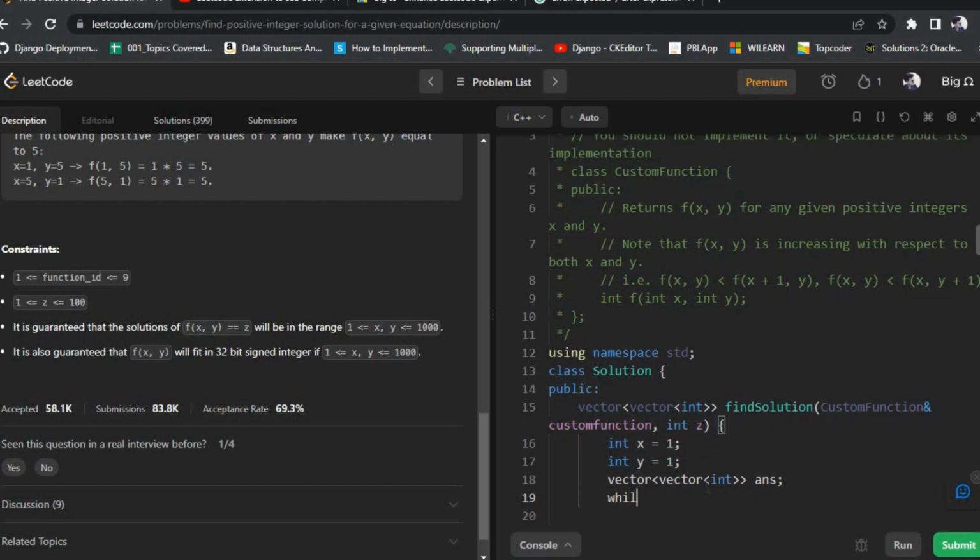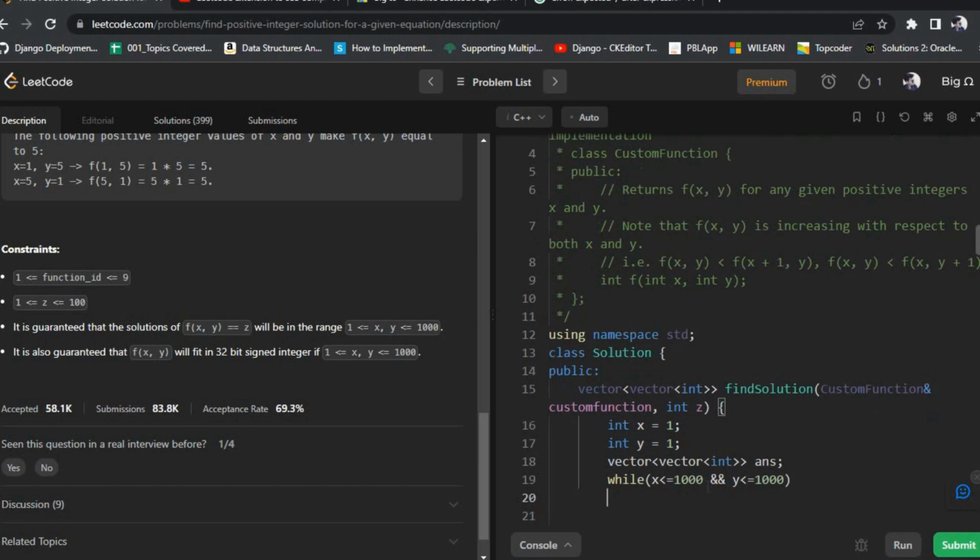Now we are looping, starting with x equal to 1 while x is smaller than or equal to 1000, and it will run while y is smaller than or equal to 1000.